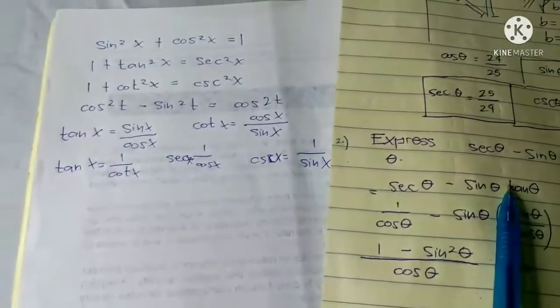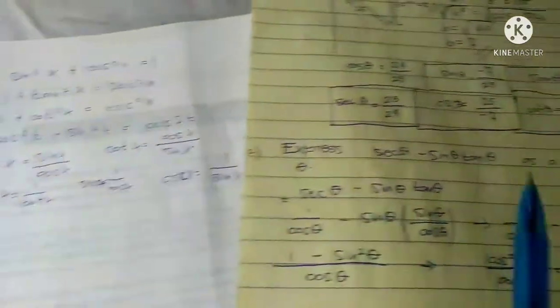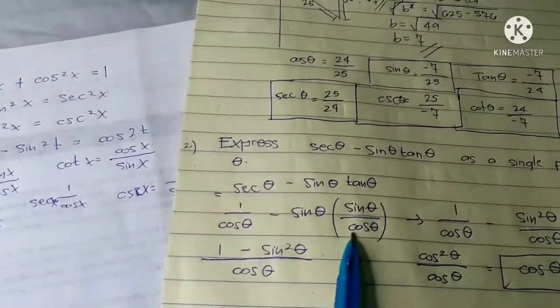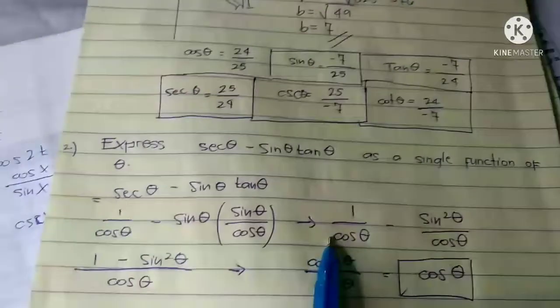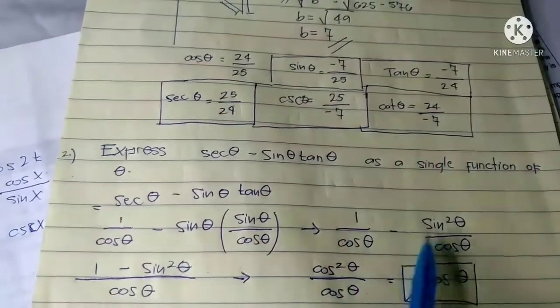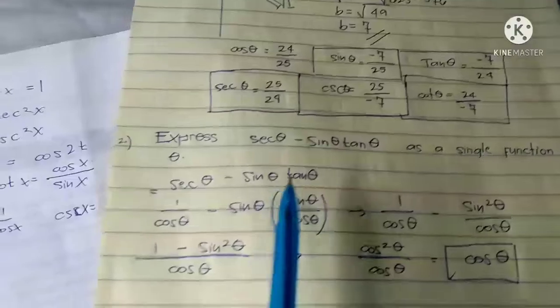Our tangent here is sine over cosine. So we have here sine theta over cosine theta. Then we simplify, we will get 1 over cosine theta minus sine squared theta over cosine theta.